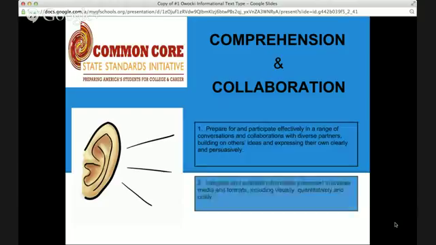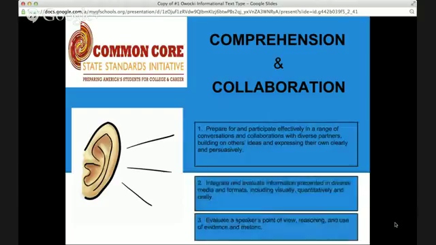I'm not going to go into great depth about the listening standards, but what I want you to see is the connection between standard number 2 under listening, which talks about kids' ability to, through listening, integrate and evaluate information presented in diverse media and formats. Visually, quantitatively, that would allude to charts and graphs, and orally. You know, we haven't always had those 3 distinctions.